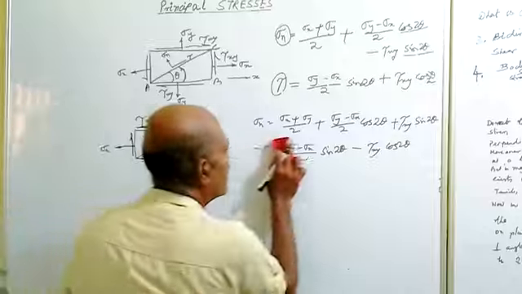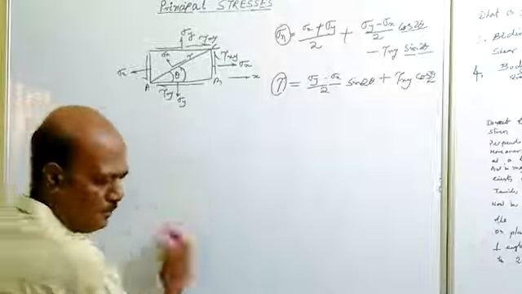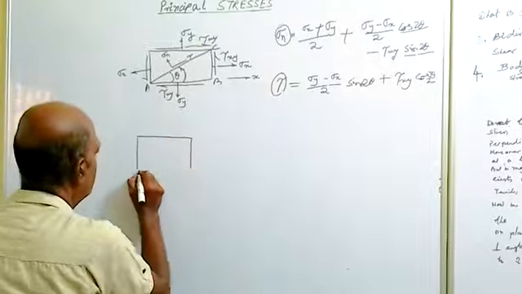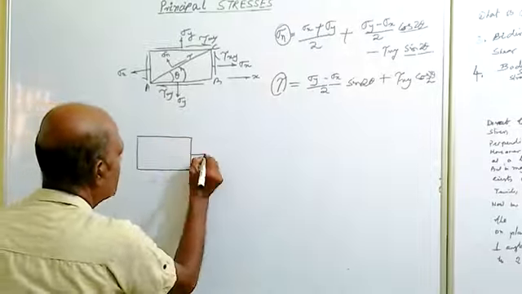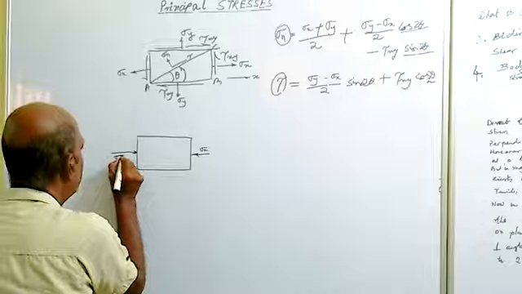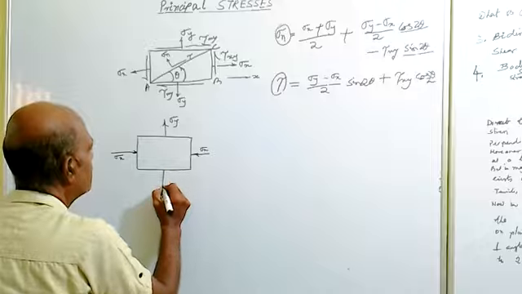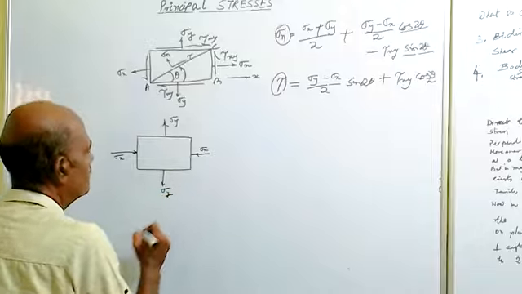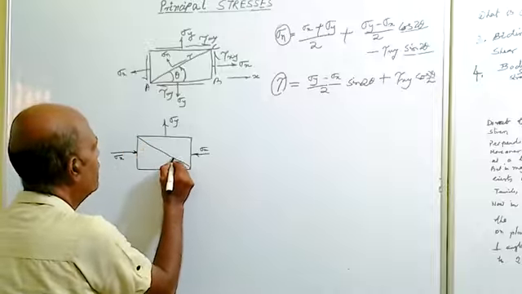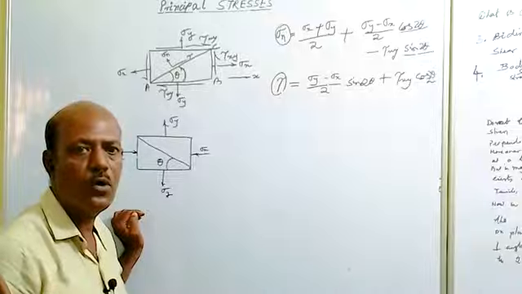Now we'll see another case. Say this is the stressed element. The element is under sigma x, a compressive stress acting along the x direction. Sigma y is tensile stress. And the inclined plane is given as this, making angle theta with the x direction in clockwise sense.